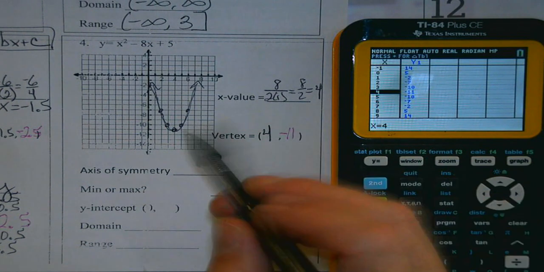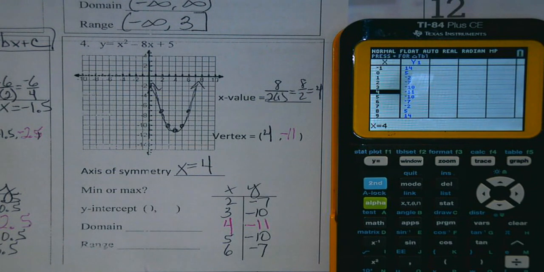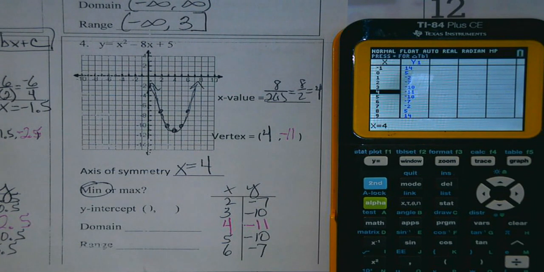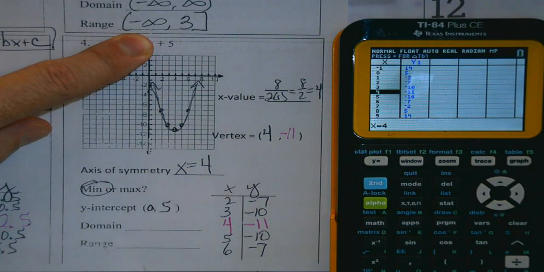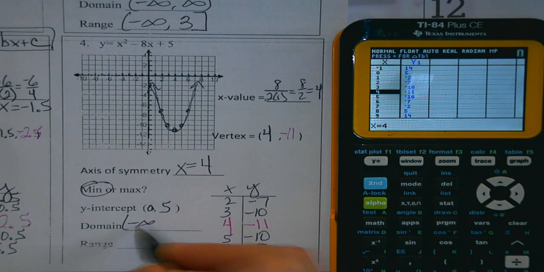And now I should be an expert at the rest of this stuff because I've been doing it all along. X value of my vertex is my axis. Vertex is at the bottom. It's a min. My y-intercept, plug in 0 for x, wipes out any x terms, 0, 5. Domain's always the same thing.